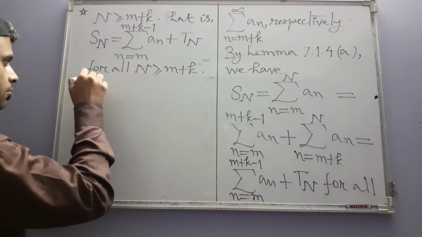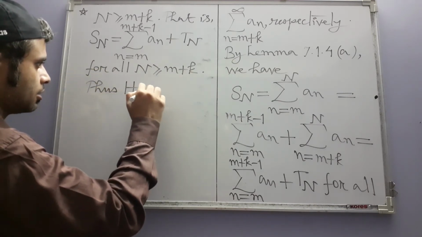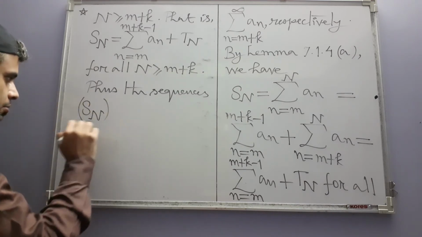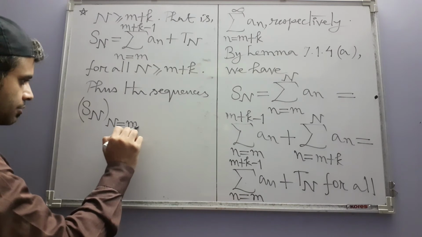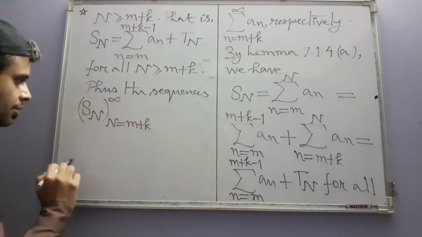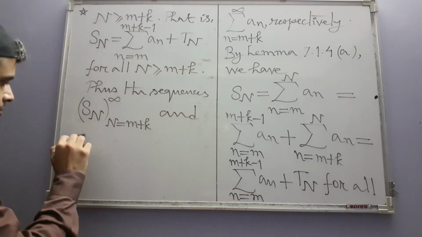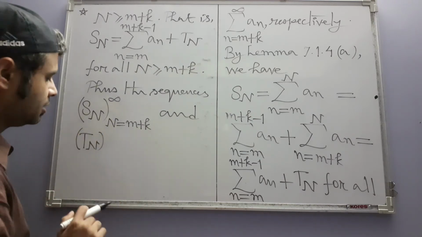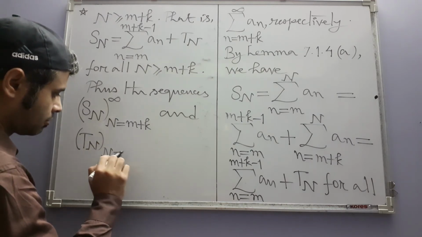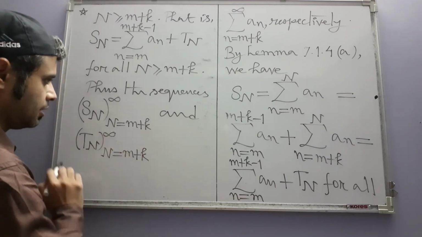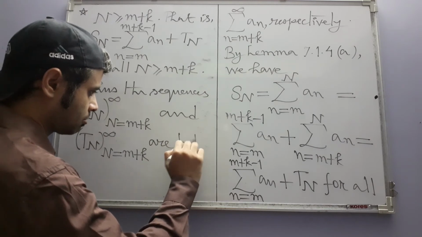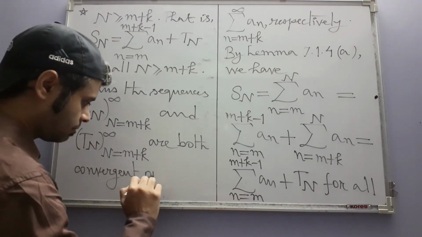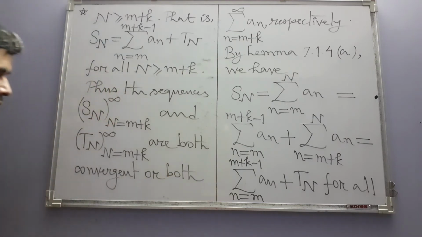Thus, the sequences Sn, where n varies from not m but m plus k to infinity, and Tn, you may be thinking I have made a mistake here, but let me finish first, where also n varies from m plus k to infinity, are both convergent or both divergent.